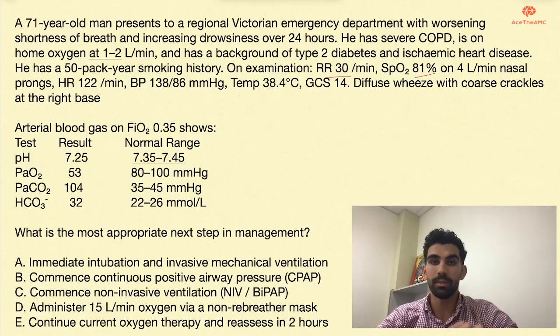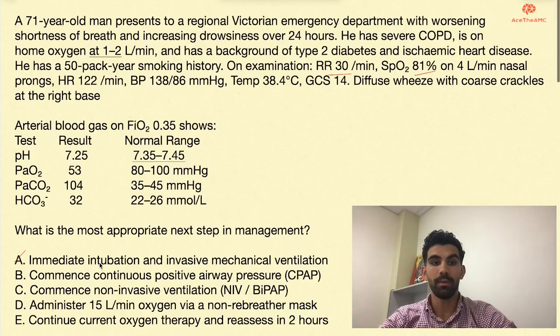So the important point to note here is that we keep a target oxygen saturation in COPD patients who are CO2 retainers at around 88 to 92%. Okay, so then if we look at the answer options here, we can automatically rule out A, because this is premature. It's way too invasive to start with, so we're going to keep that in our back pocket, but we're not going to use it now.